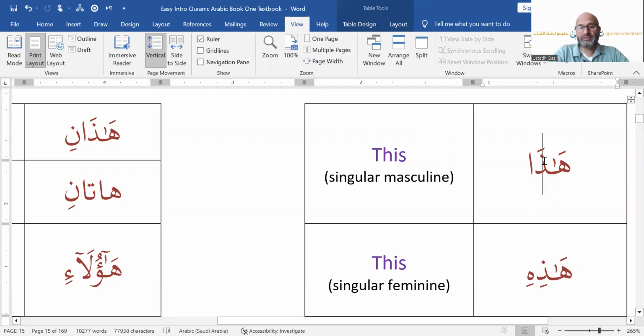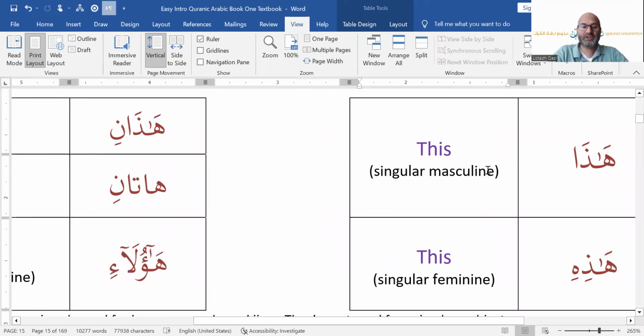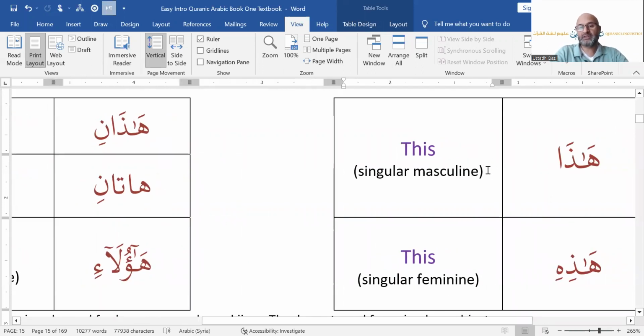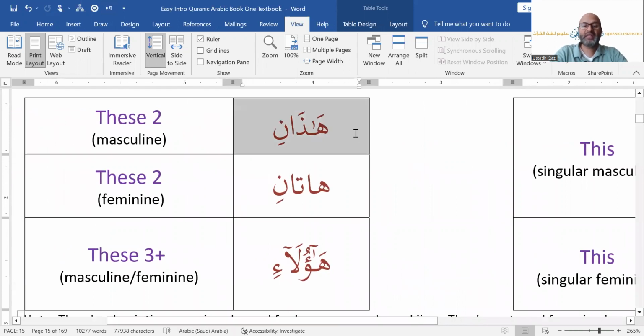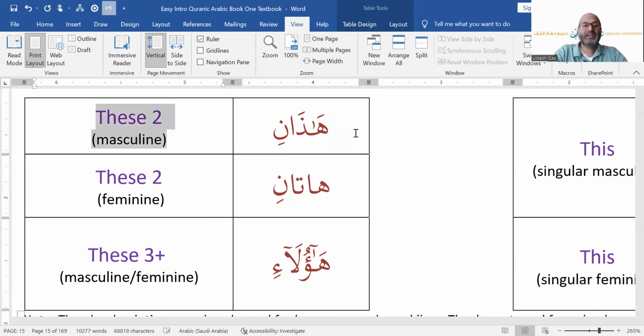So I can use these pointing nouns to point at people and things, but there are some exceptions, which we'll talk about in just a minute. That's for the singular masculine and singular feminine. For the dual, we have hadhani, and you can see the alif khanjariya written there. Originally, it's hadhani like that. So 1, 2, 3, 4, 5 letters. Hadhani means these two.